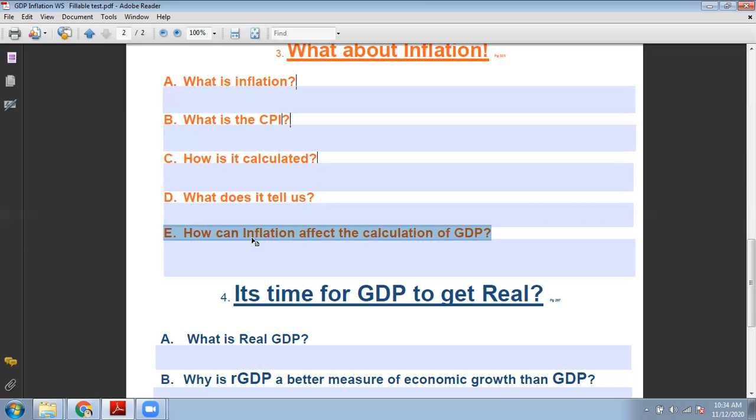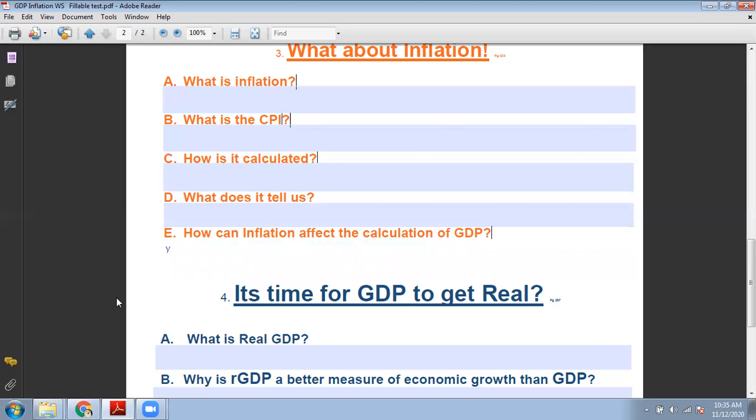Now, here is your big question. How can inflation affect the calculation of GDP? Well, if you think about it for a moment, this is a really interesting thing. Remember when I said a $10 pizza adds $10 to GDP, but a $100,000 house adds $100,000 to GDP? Think about this.